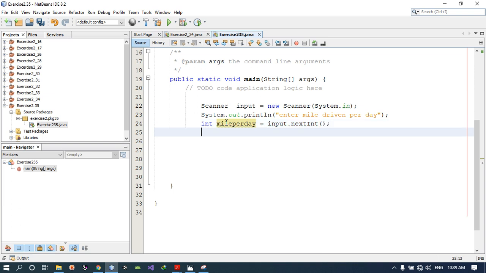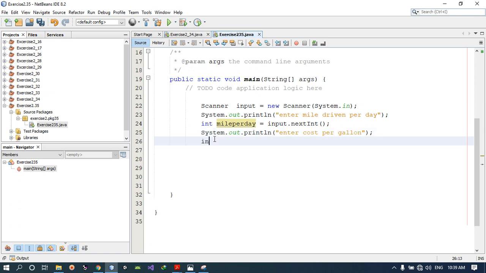Now we should get another input. Enter the cost of each gallon of oil. So cost per gallon.